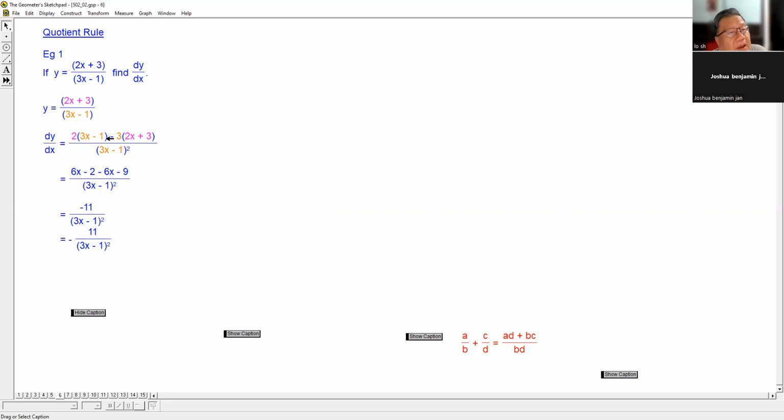And another difference is you have to minus, not add. Then divide by the whole square. After that, you simplify. Multiply in, simplify. And you simplify the whole thing, you get negative 11. So the bottom remain the same, 3x plus 1 square.